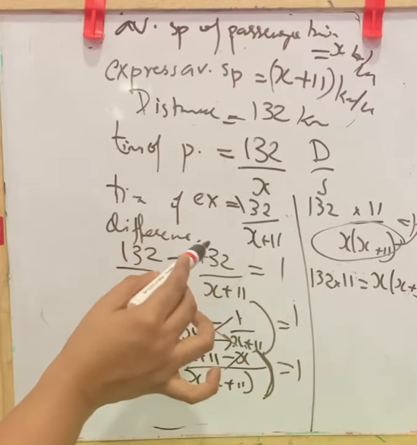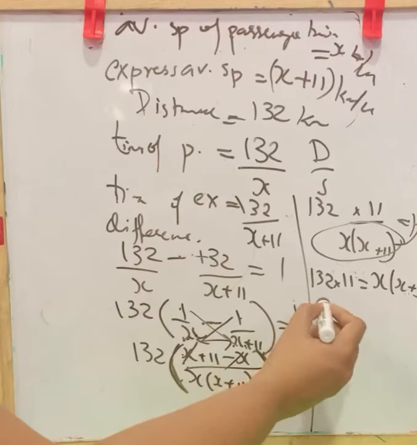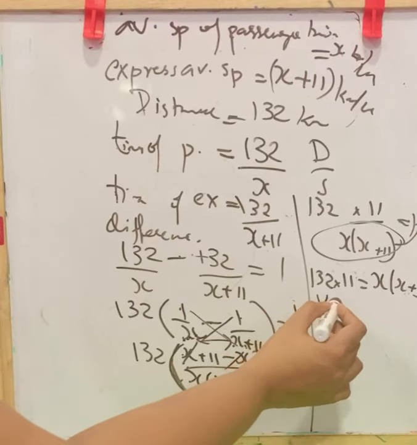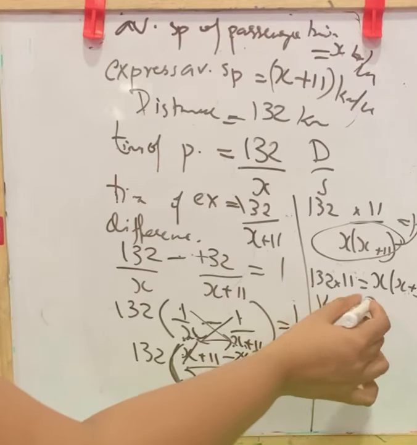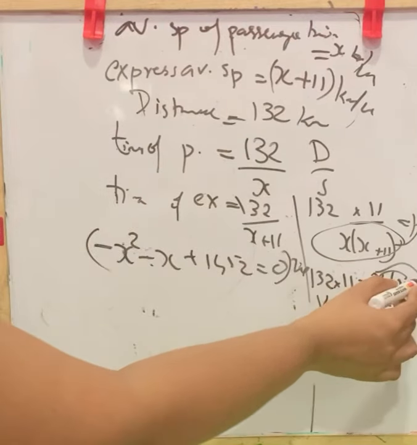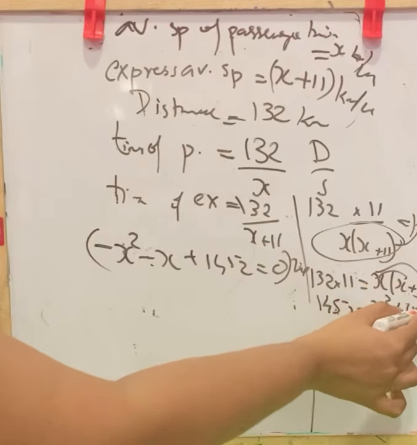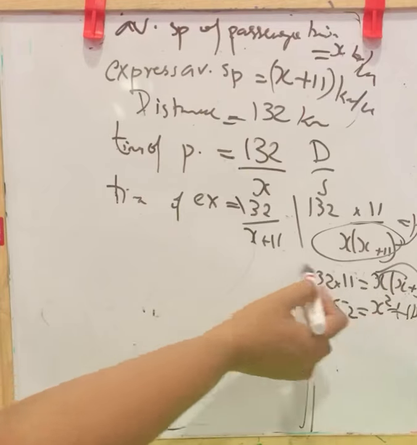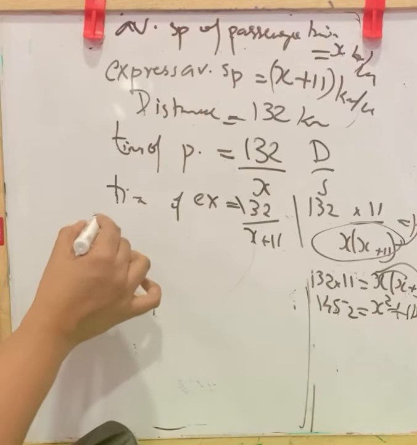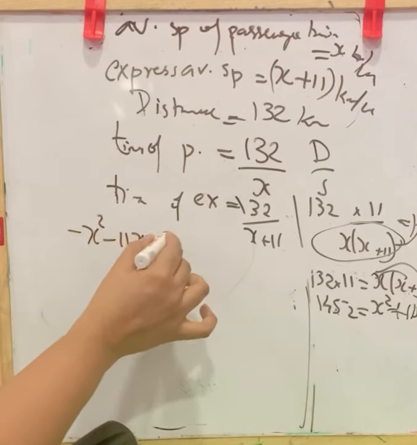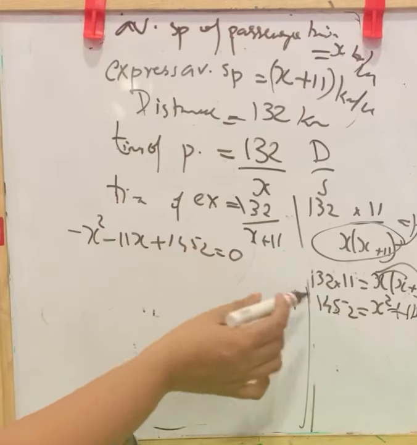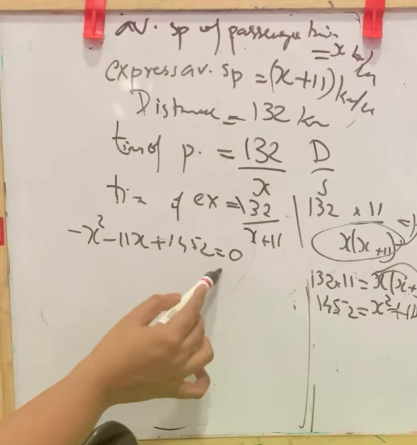So 132 into 11, that is 1452, equal to x square plus 11x. We will rearrange it, that is take all the terms to LHS. It becomes minus x square minus 11x plus 1452 equal to 0.